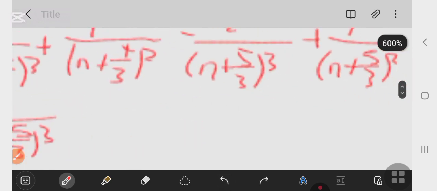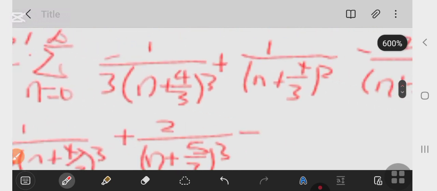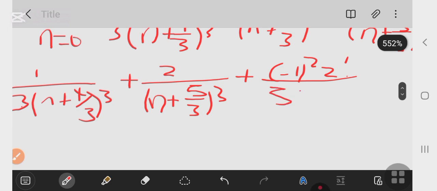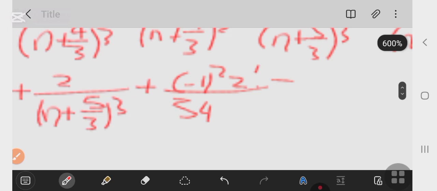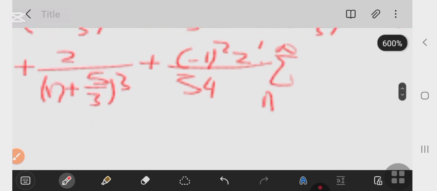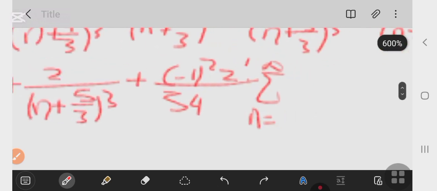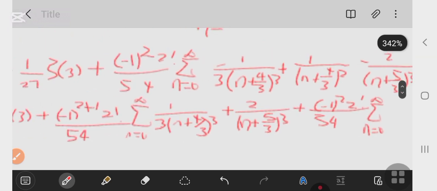Okay, so it will now be plus minus 1 square 2 factorial all over 54, multiplying the sum to infinity of n starting from 0 of, what are they?